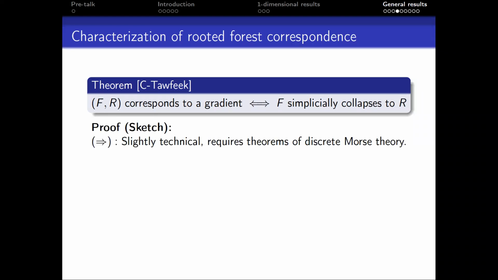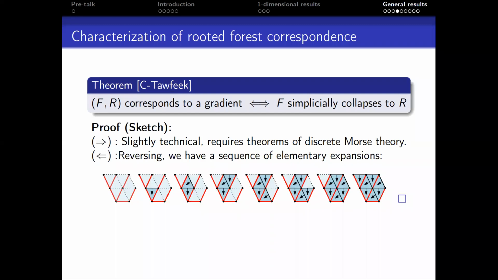So the proof of that direction is a little bit technical. Given a set of non-critical and critical cells, do we have the condition that F simplicially collapses to R? You have to use the actual conditions, the equations and inequalities that I gave you defining what a Morse function is. But the other direction is a nice combinatorial thing.